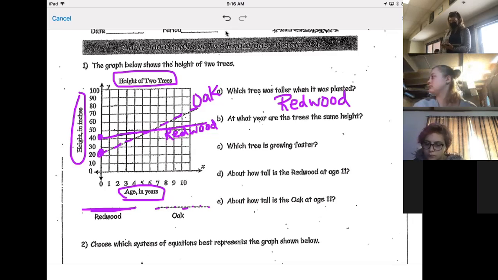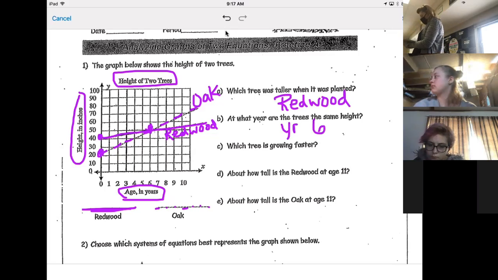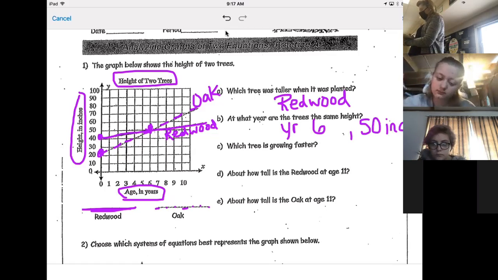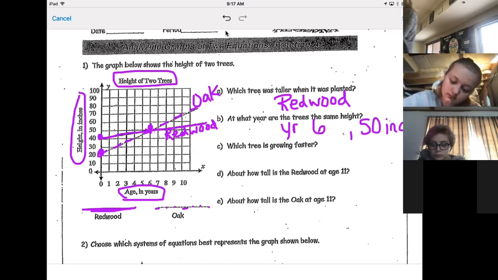At what year are the trees the same height? At year 6. How tall were they at that point? 50 inches. It didn't ask that, but if it did, that's the coordinate of our solution, where the 2 trees were the same height.